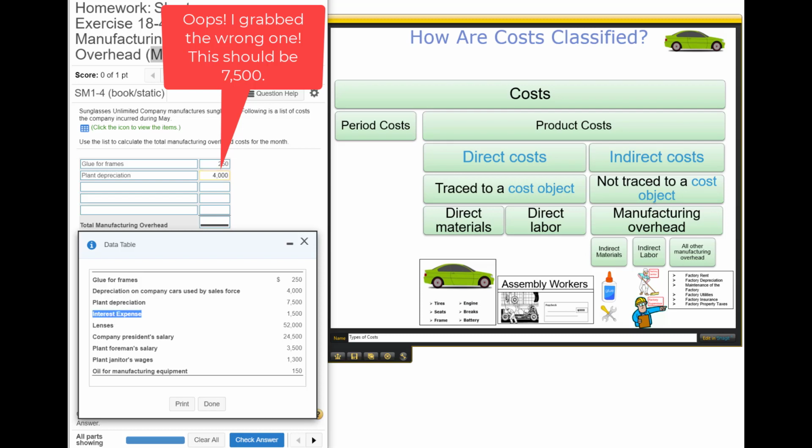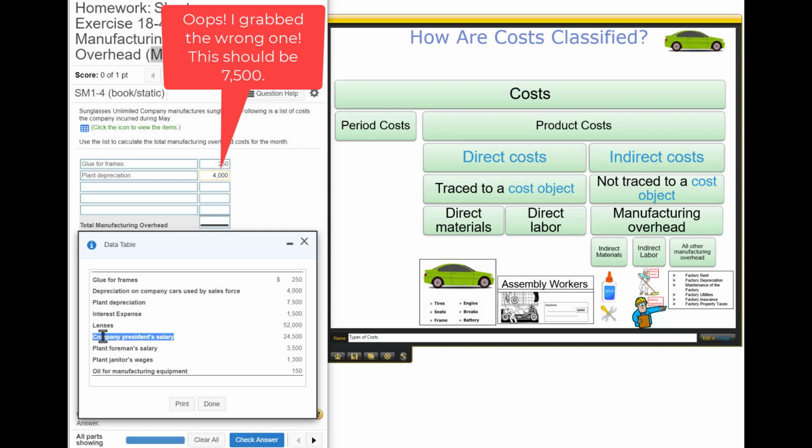Next, interest expense. Interest expense is not a cost of actually building the sunglasses. So let's go to lenses. Lenses are a product cost for building the sunglasses, but they are a direct material, so they are not included in manufacturing overhead.